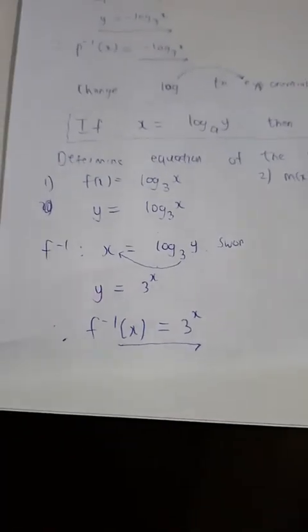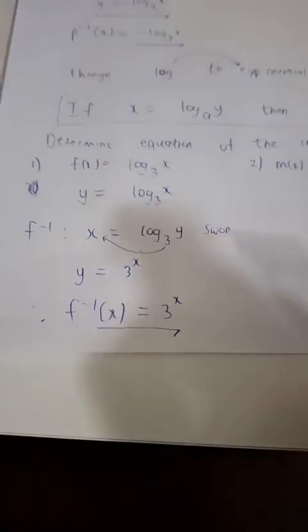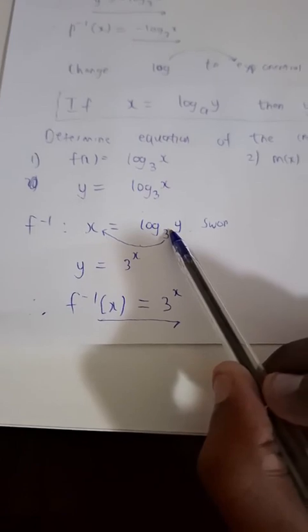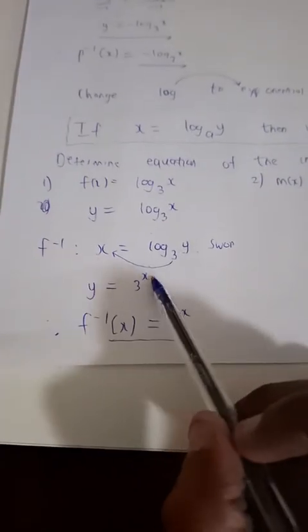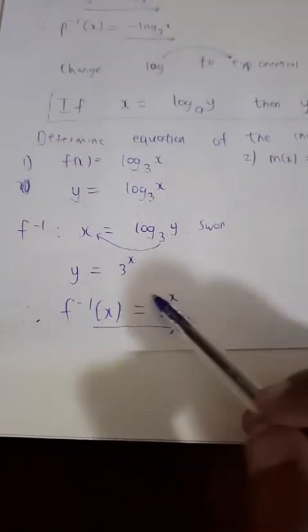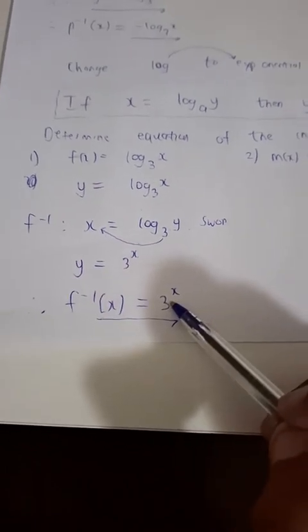I usually say that so that they don't forget. Okay, so log is changed to an exponential function. 3 kicks x, goes up, becomes an exponent, y gets isolated, log falls away. And that's basically the inverse. So the inverse of the function is equal to 3 to the power x.